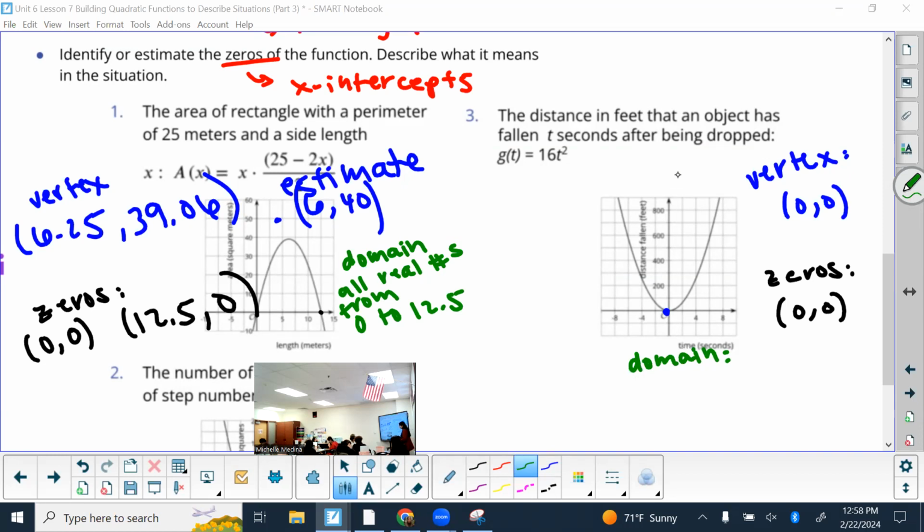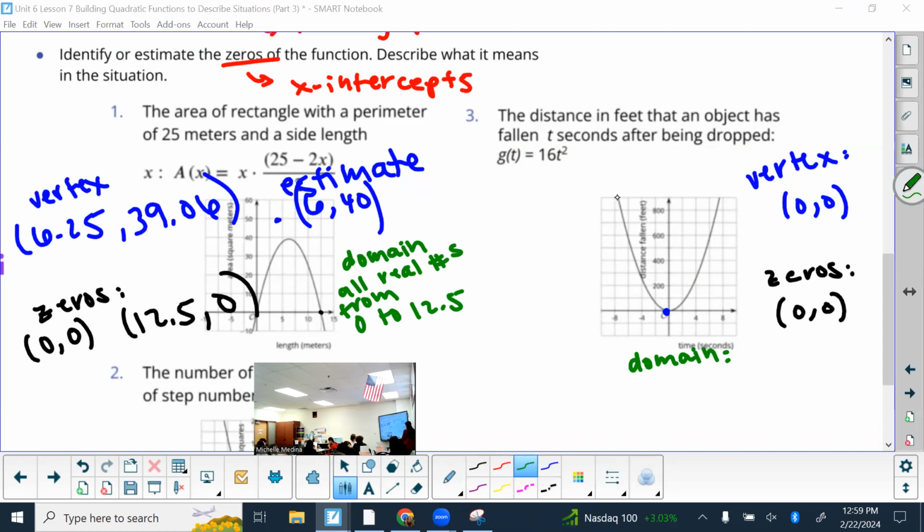We talked about it earlier. All right, class helping out, domain refers to all the what? All the x's. So look at my x-axis.